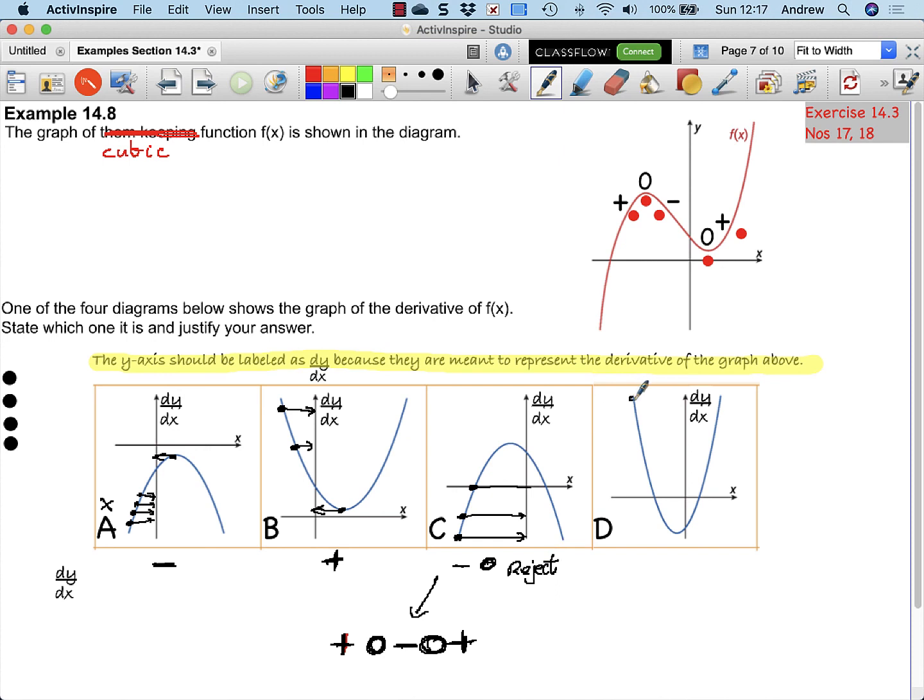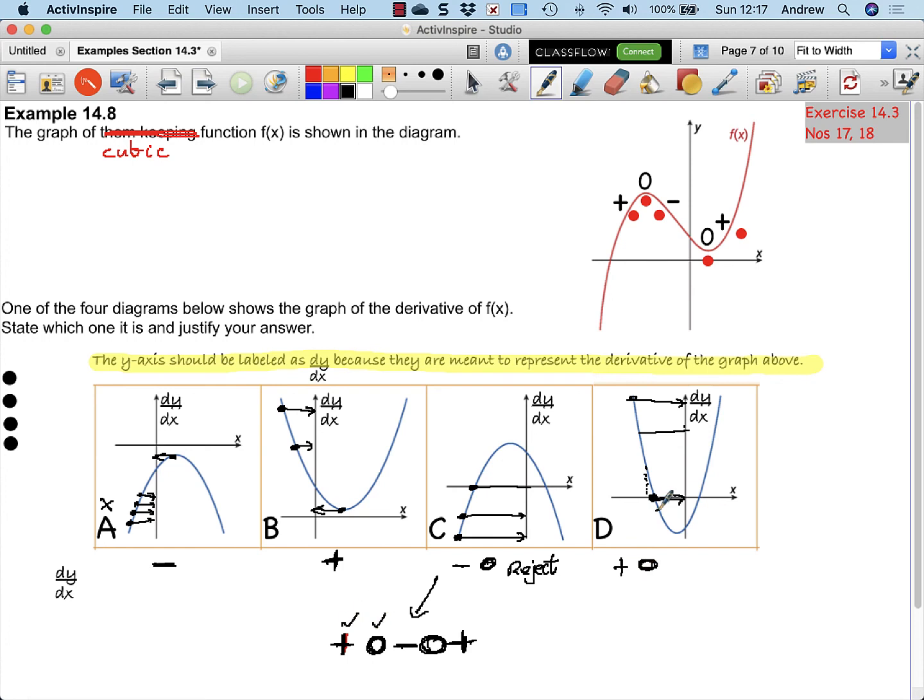Now I'm on to D. So the first x value, if I draw it going across, what does it give me? It gives me positive values, all the way down here until I get to here. What does it give me here? When I travel across, it gives me a 0. So the first 2 are working.